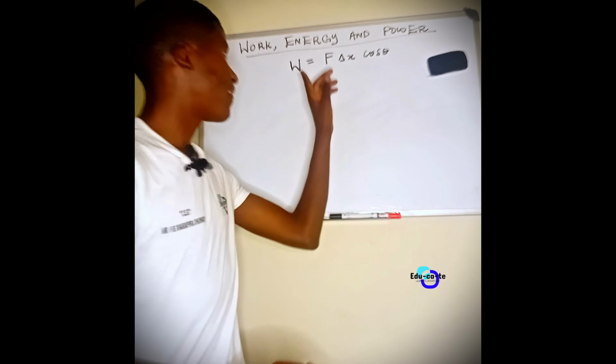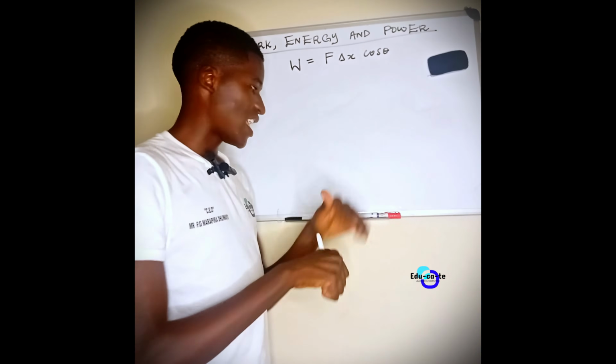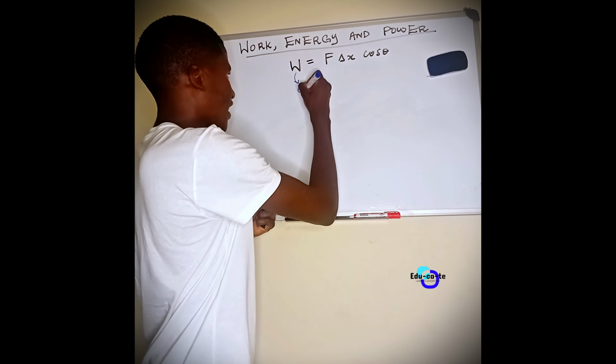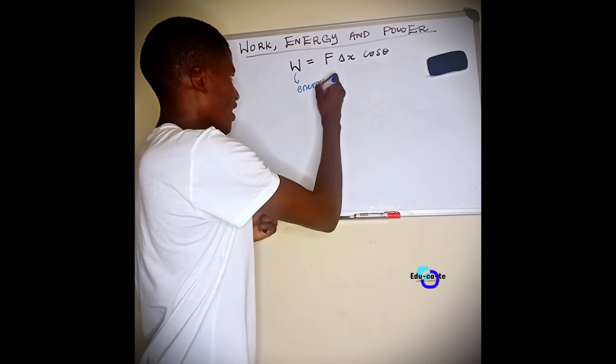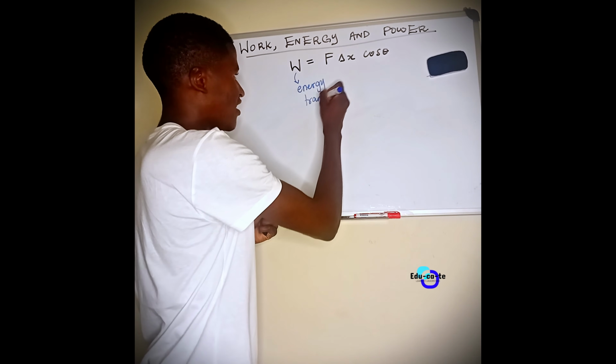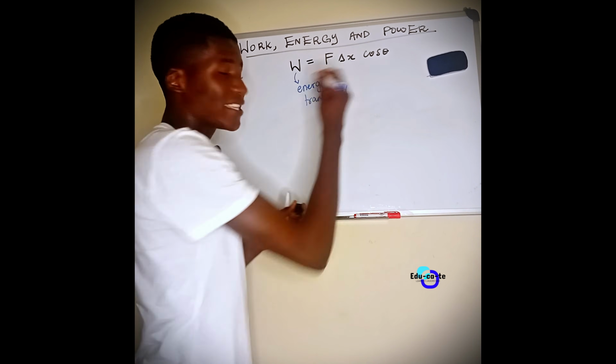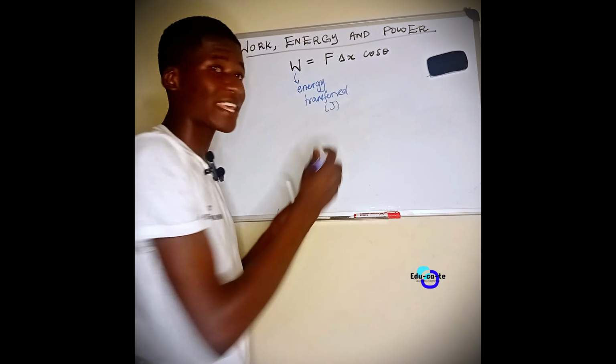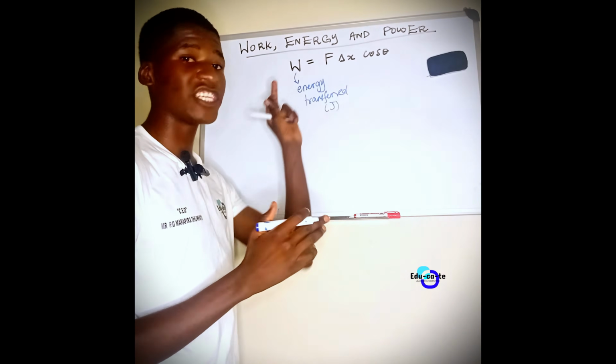The work that is done is otherwise known as the energy transferred. So this is the work done, or you can say this is the energy transferred so that the object can move. We measure it in joules because remember that the unit for measuring energy is joules.